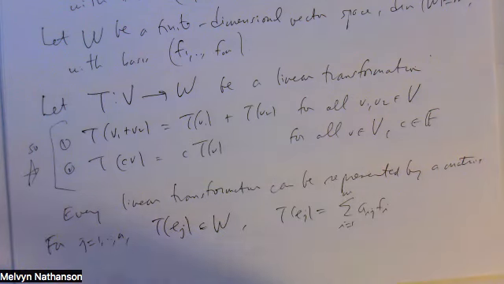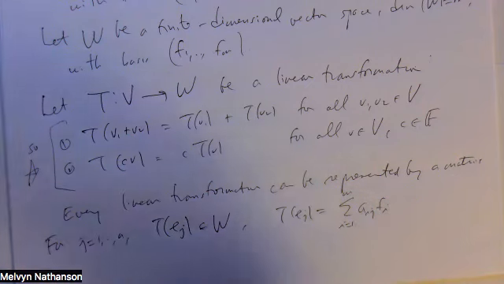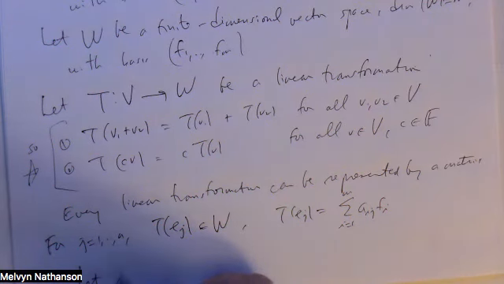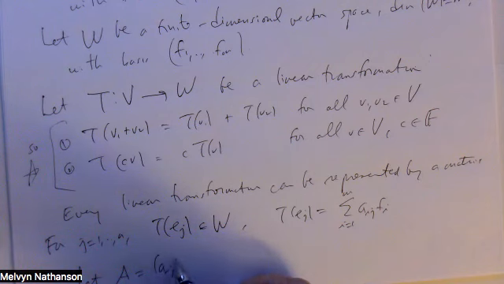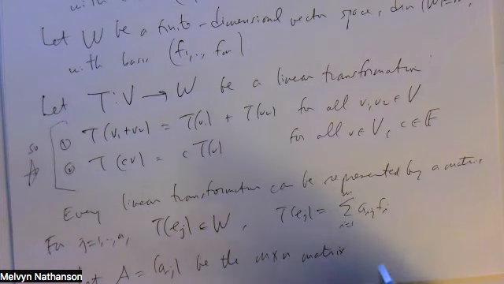And so as j goes from 1 to n and i goes from 1 to m, we have these numbers, these scalars. And let Aij be the m by n matrix. So i goes from 1 to m, j goes from 1 to n.